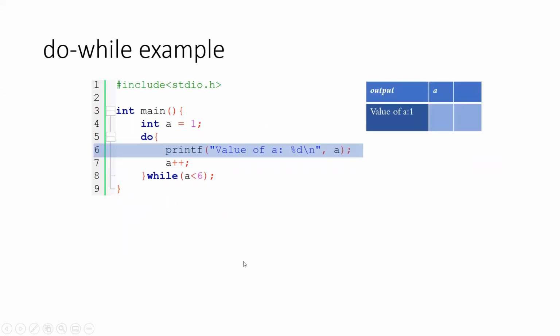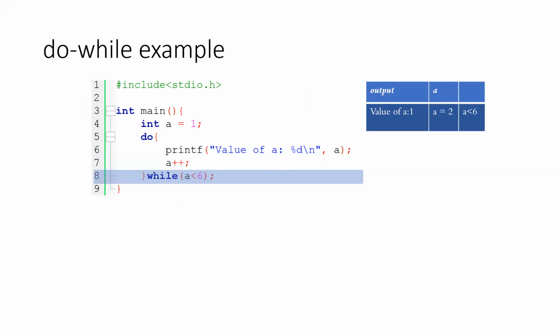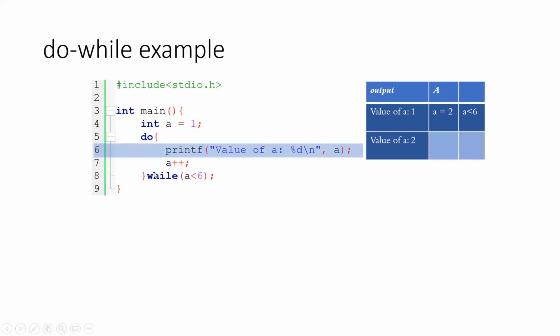Let's see it one by one. Here it will directly print a, which has a value of 1, and then it will increment a. Now a becomes 2, and we evaluate the condition. Your a is 2, so 2 is less than 6. So it will continue repeating the loop body.